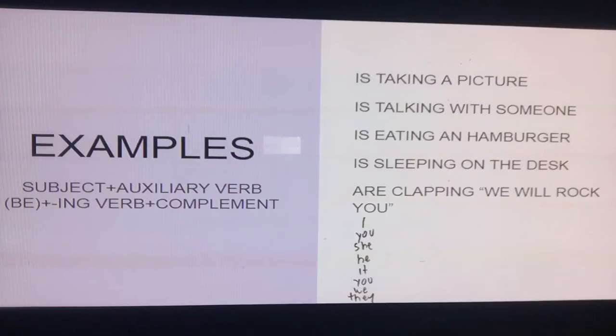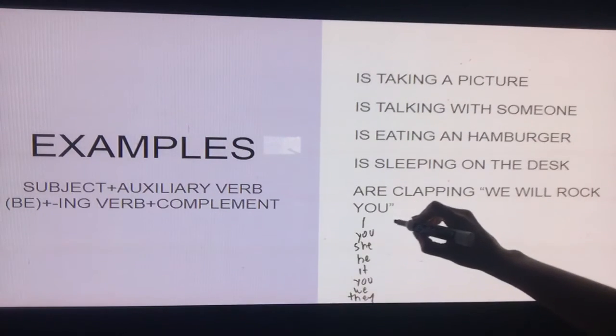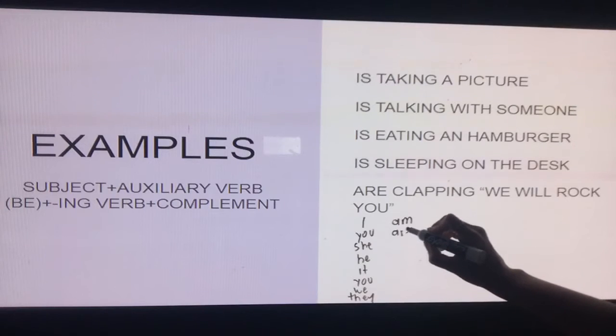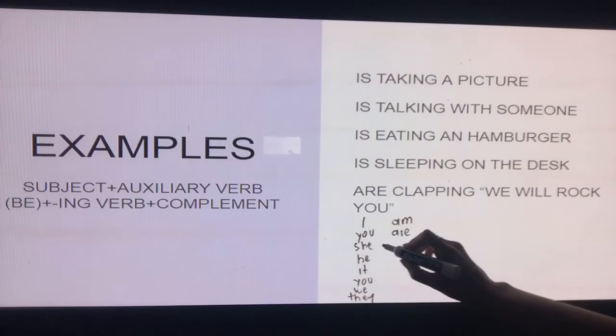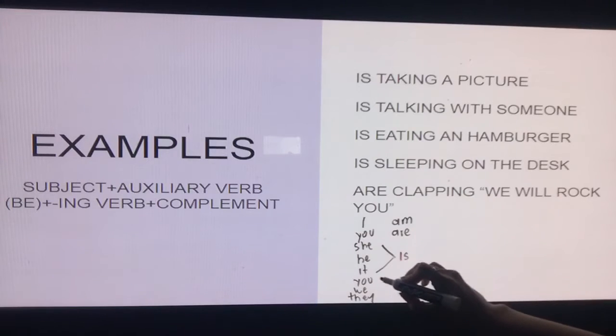So now, once I have the pronouns, I have to remember how I have to conjugate the verb to be using any of these personal pronouns. So remember that we have to use am with I, are with you. With she, he, and it, I have to use is. And with you, we, and they, I have to use are.